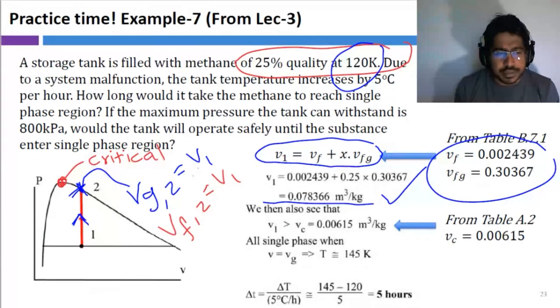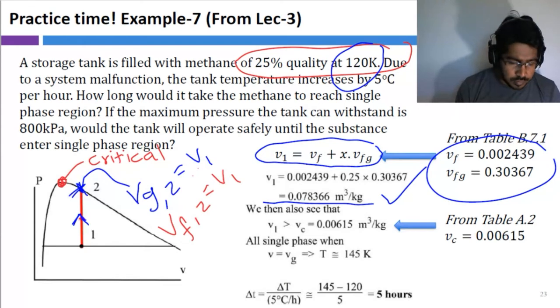Is it the saturated vapor line or the saturated liquid line? Any ideas? It is the saturated vapor line. If it was to the left of the critical point, is it the saturated vapor line or saturated liquid line? It is going to be the liquid line, right?